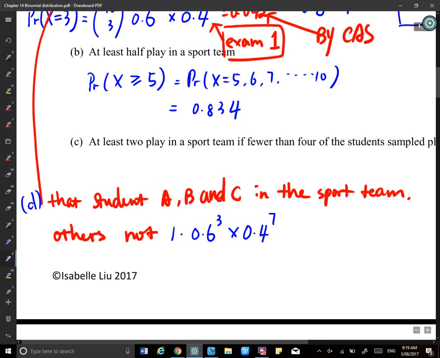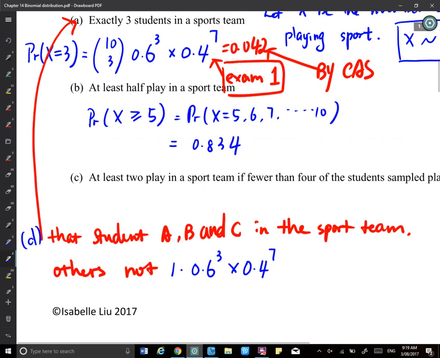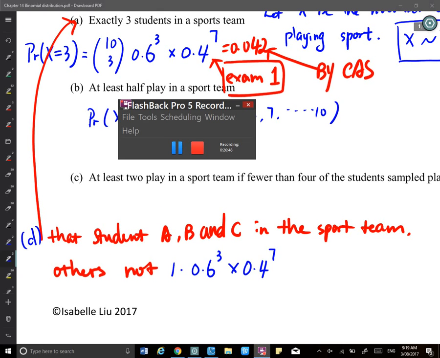You don't really need to write that 1, but there's only one way for this to be a success. So 0.6, 0.6, 0.6, and the other 7, which is 0.4. So you need to distinguish between this one and the previous one. They will always be asking together. Okay, so I will finish the last one next lesson.